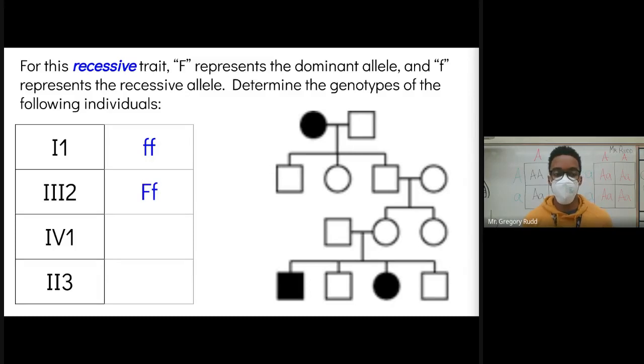Okay, what about person IV1? What is their genotype? Yeah, good. 2 lowercase f's because they are also affected. And then individual II3. What about them?